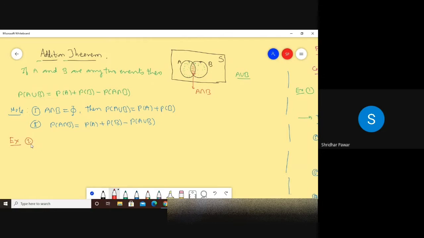Suppose there are two events A and B. Take a simple example which has appeared in a university exam.